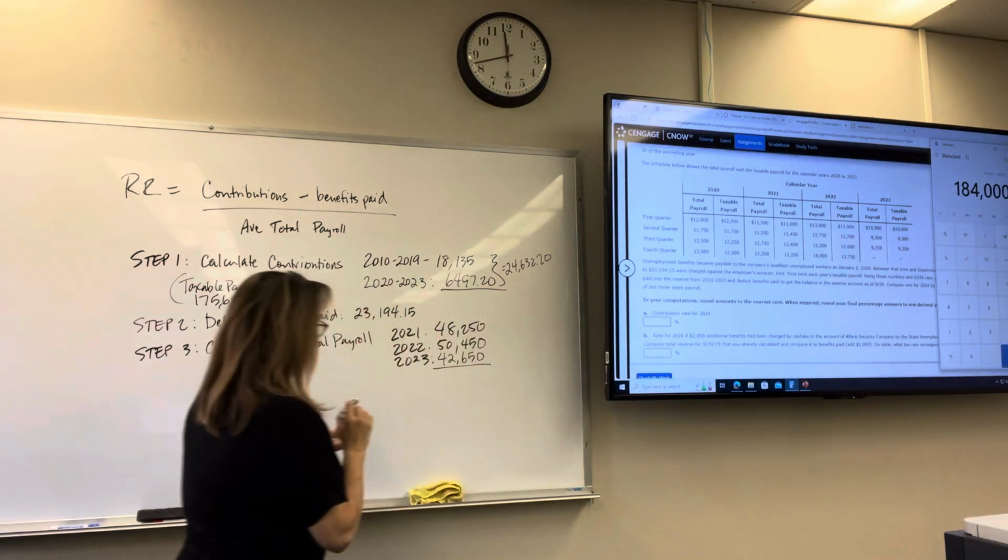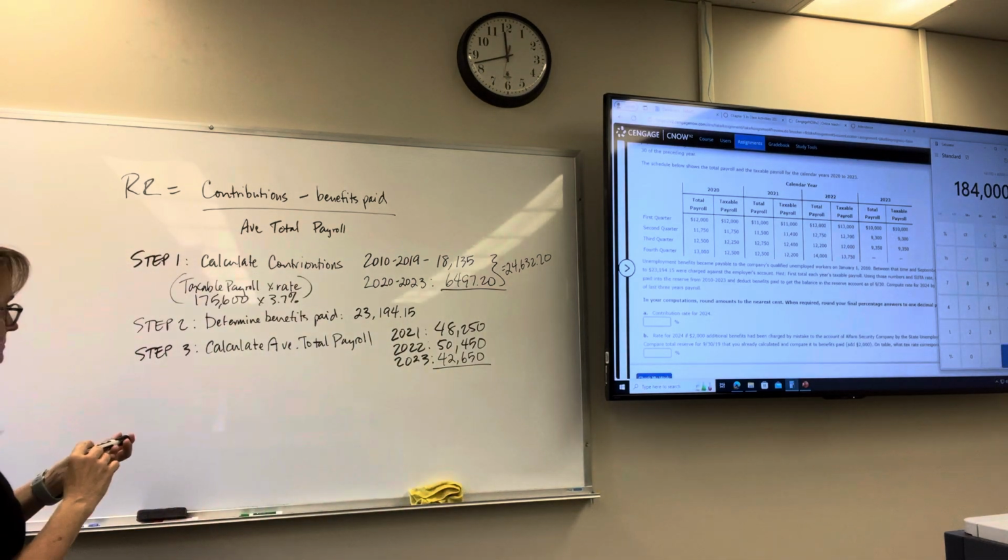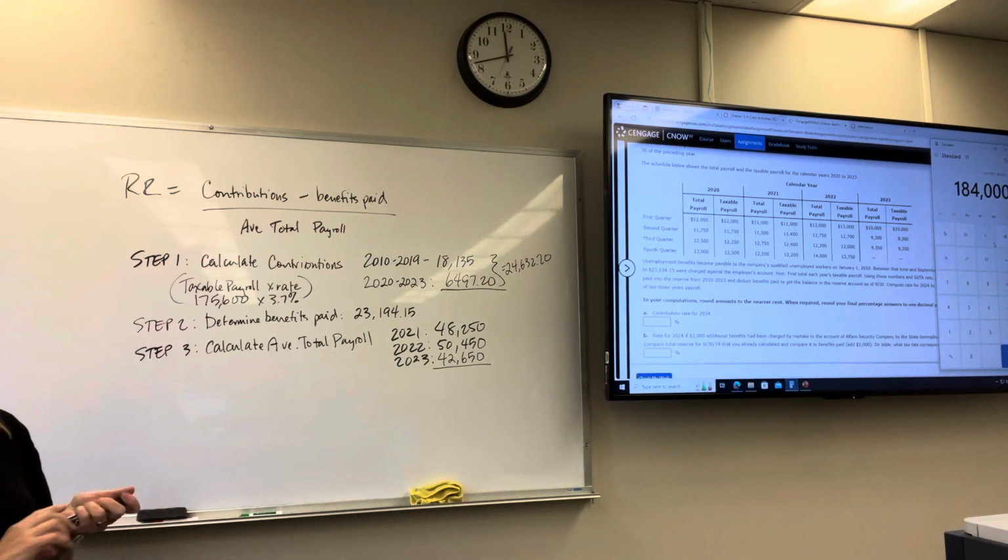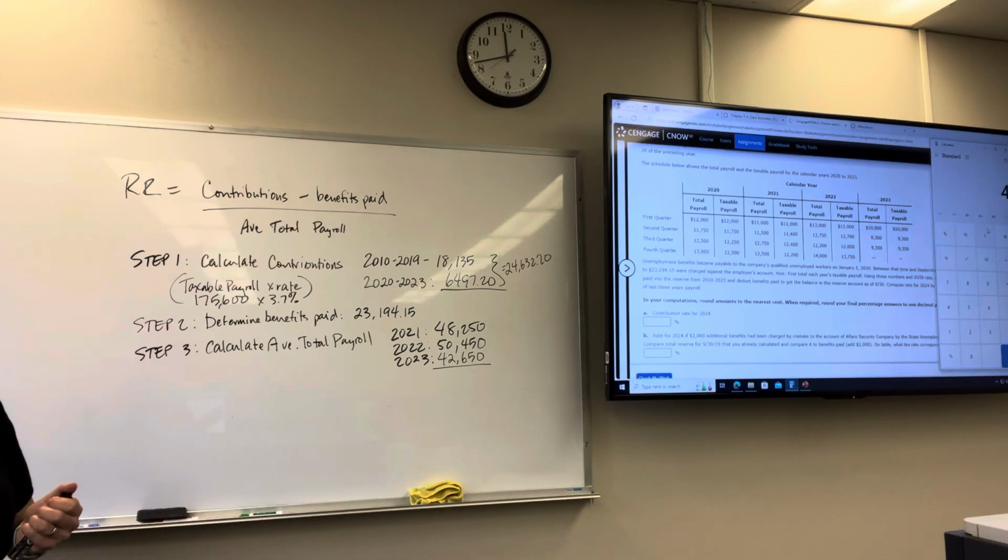Nope, something's wrong. Oh, maybe it is. Is that right? I'm going to do it again. Entered something wrong. 8,250 plus. All right, that's way different. 48,250.